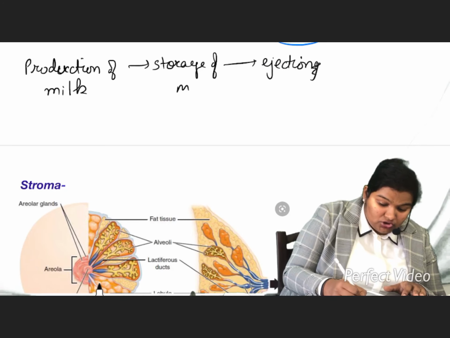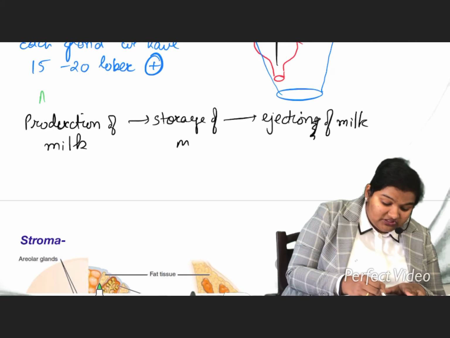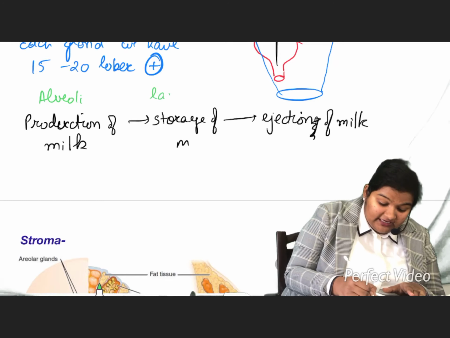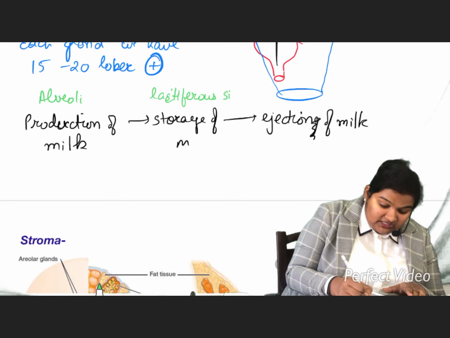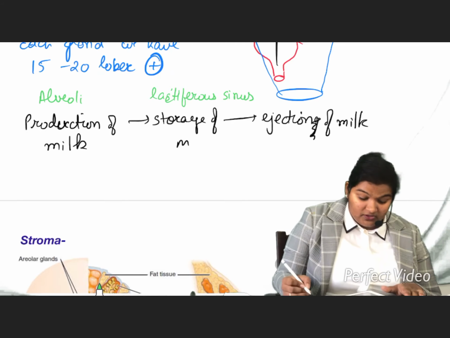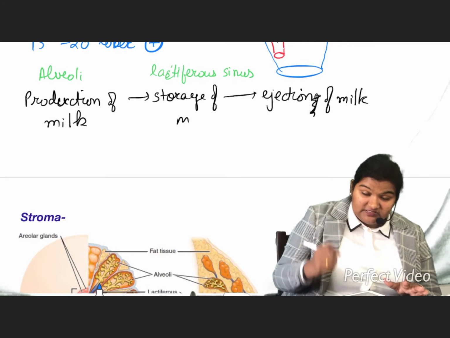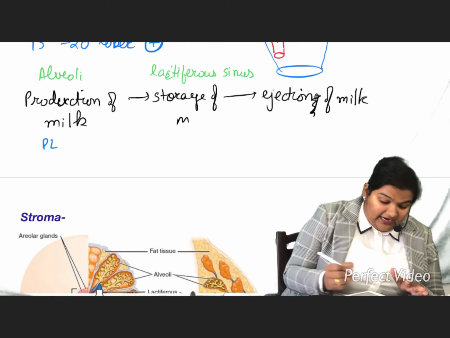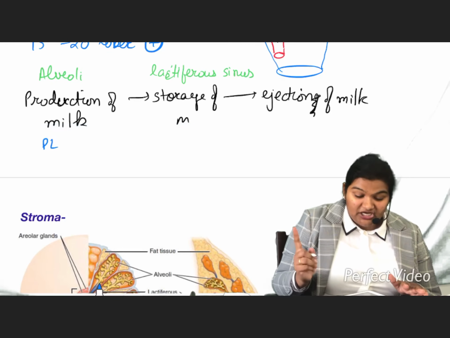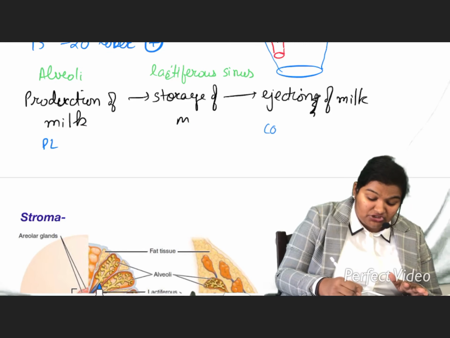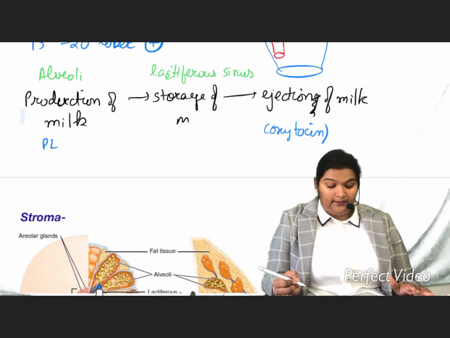So milk is produced in alveoli. It is stored in lactiferous sinus. The production is under the hormone prolactin, and ejection is under the action of oxytocin, right?